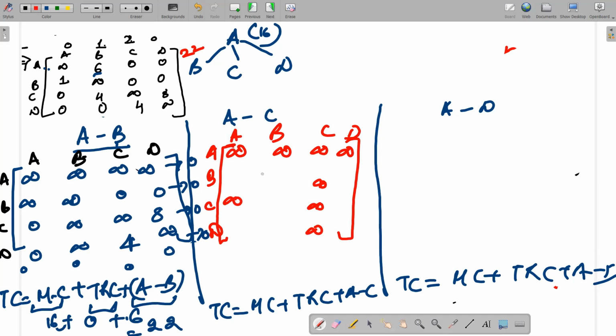So the rest: the B to B matrix is infinite and D to D matrix is infinite, and the rest of the answers are similar. We got 1. So infinite over here, 4 over here, and 8 over here. We got 0, 0, and 12.